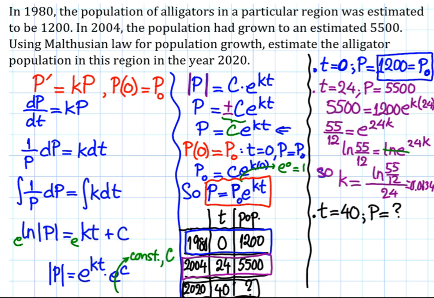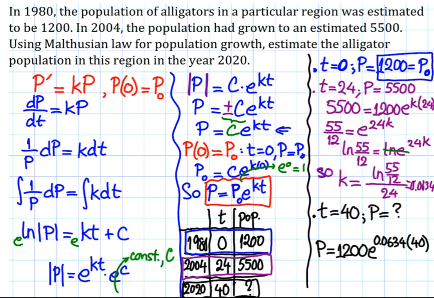Now that we know everything, the population is equal to initial population we know is 1,200. The rate is 0.0634 and t equal to 40. If we do that, we have 1,200 times e to the power of ln of 55 divided by 12 divided by 24 times 40.